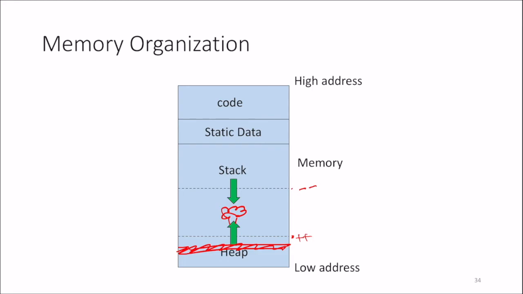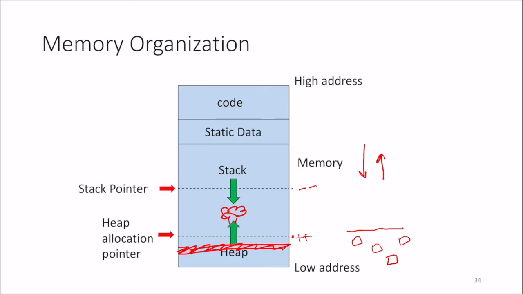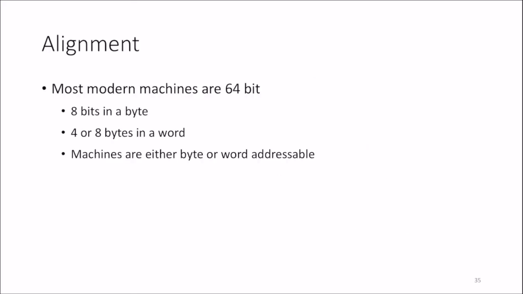But most of the time, it's fairly well-behaved. Stacks grow and shrink, whereas a heap is a little bit more chaotic. They can have these fragmented parts of memory in the heap where different parts of the program are allocating and deallocating memory, and it can lead to fragmentation. So we have a stack pointer and a heap pointer, and this is how we manipulate the memory needed.